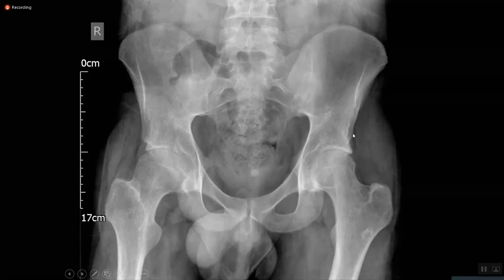So, a frontal radiograph of the pelvis in a 24-year-old male patient. The first thing that catches my eye is in the left proximal femoral shaft, there is an eccentric lesion. I am not interested here. Don't worry about it. Please continue.